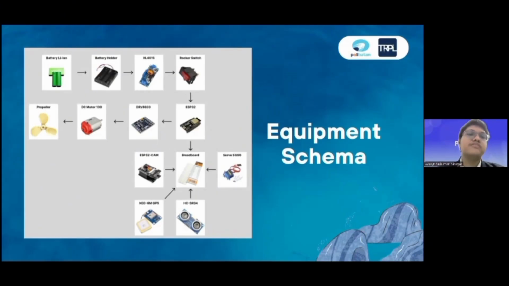The 7.4 volts will be used directly by some components, and for the others it will be stepped down with XL4015, a step-down converter, from 7.4 volts to 5 volts for the other components.